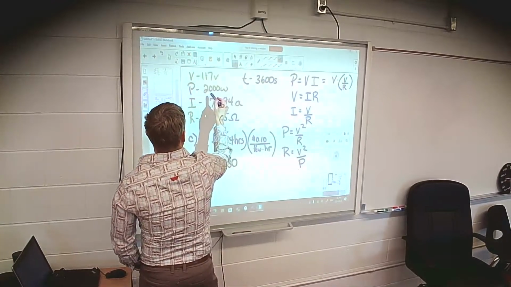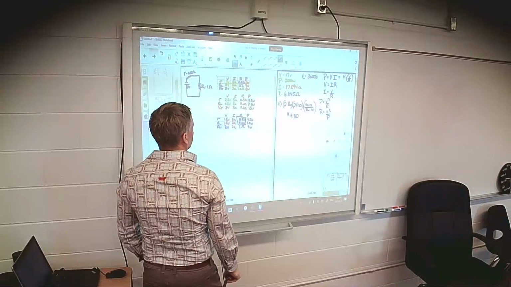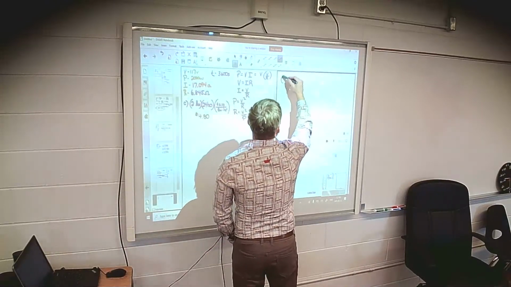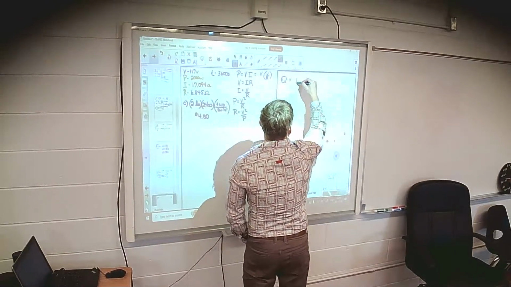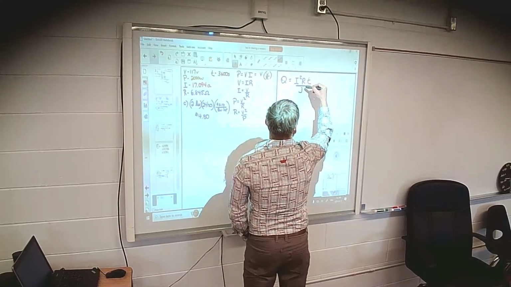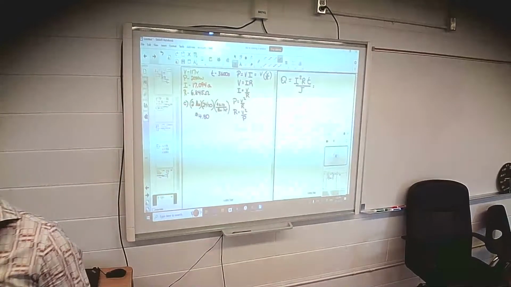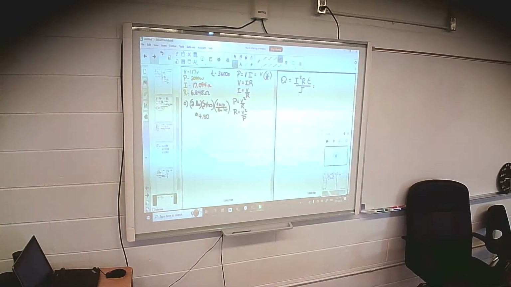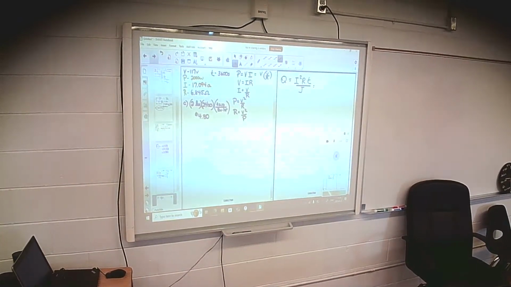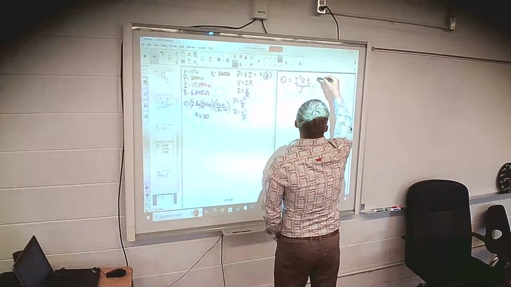So I want Q equals I squared RT over J. So again, I'm going to work with this in terms of calories rather than kilocalories. I need to change the time to seconds. So let's put this through.